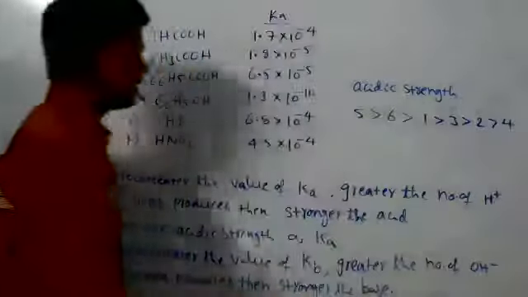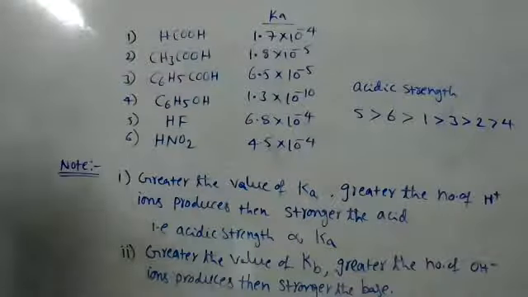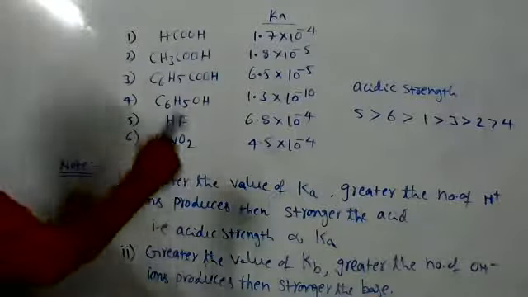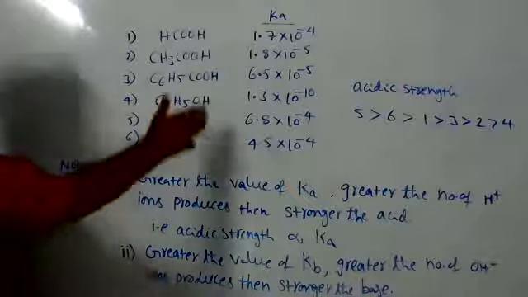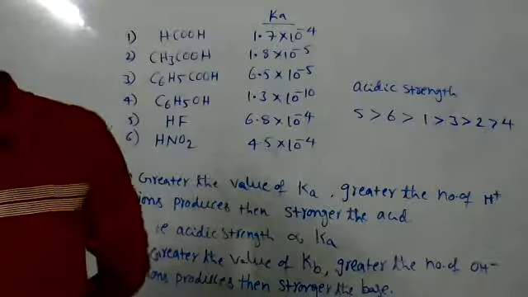Correct. So the higher the Ka value, the stronger the acid. If we go for mineral acids like HCl, H2SO4, HNO3, their Ka values are very, very big, and they cannot be compared with these weak acids.